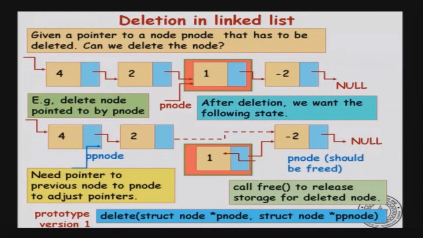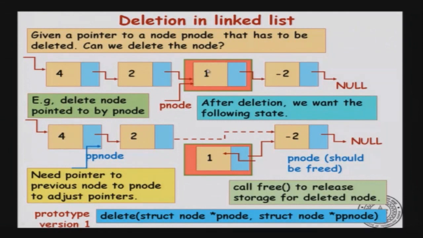So, let us just quickly see how to delete a particular node in a linked list. Say 4 to 1 to 2 to minus 2 is the linked list, and I want to delete this particular node, 1. Is that possible? I cannot straightforwardly delete this node, because the previous node's next element should point to this node's next element.